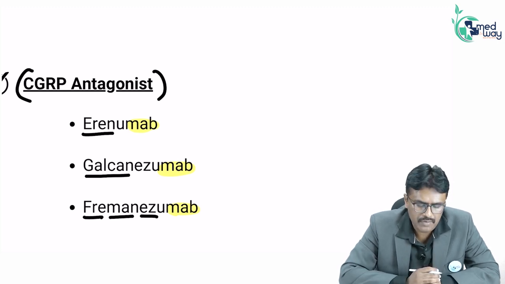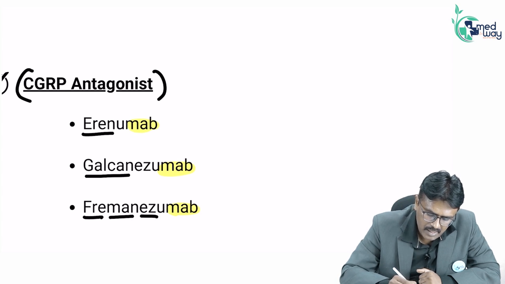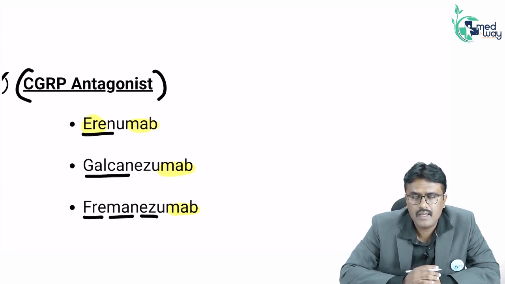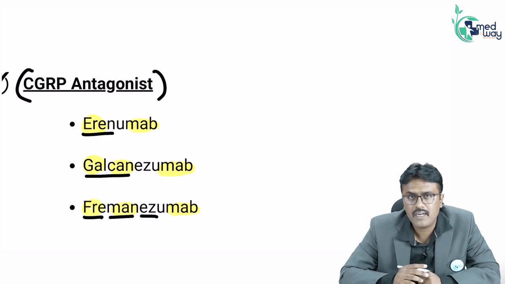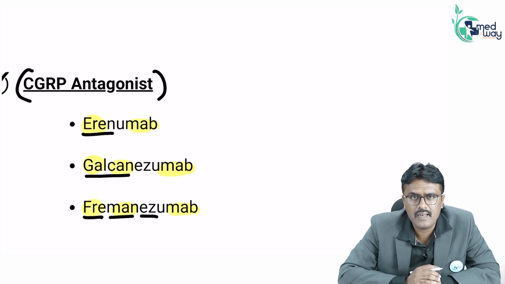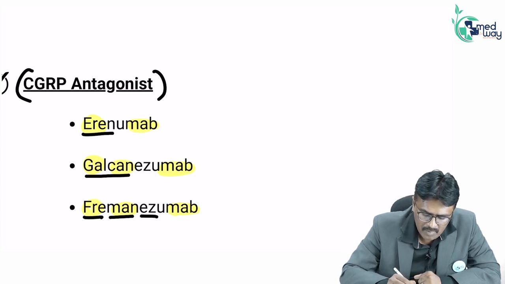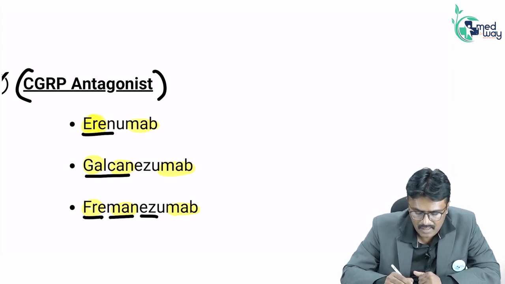I will give you one story for this. Erenumab, you remember as every girl can. So every girl can free a man from what? Headache. If a girl goes out, a man can be free from headache also. So remember like that, it's just for a joke. So erenumab, every girl can free a man.